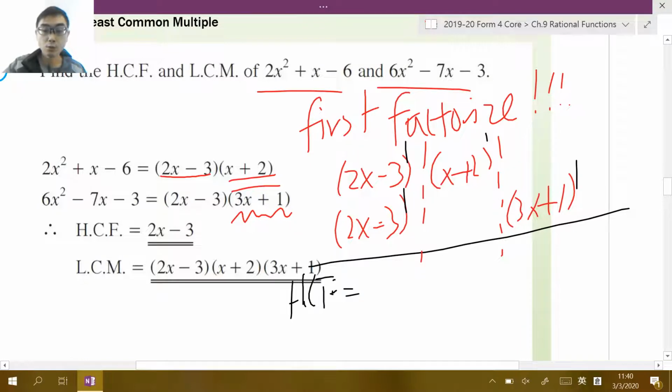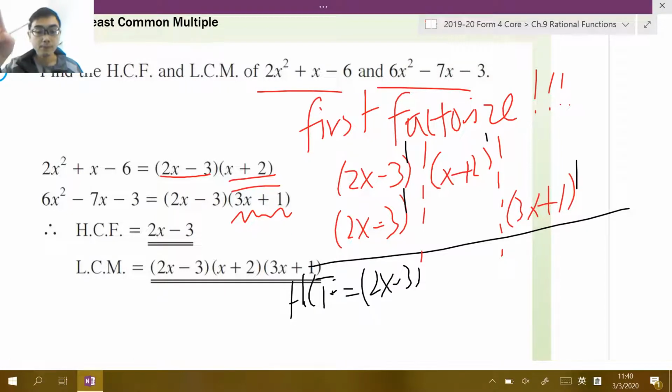So we can take 2x minus 3 to the power 1, or simply 2x minus 3, as HCF. But because x plus 2 and 3x plus 1 are not in all polynomials, they have power 0, and power 0 will not show because it's 1. So for HCF you only have 2x minus 3, because we just take those we have in common. If one is absent, you will not put it, just like power 0, you leave it out.